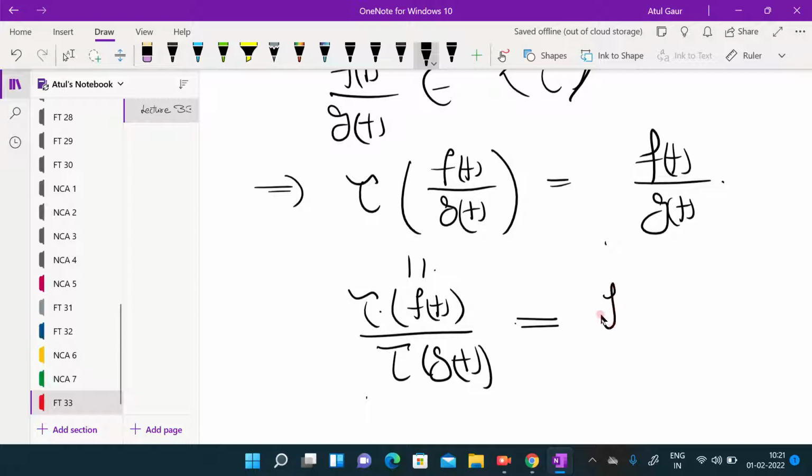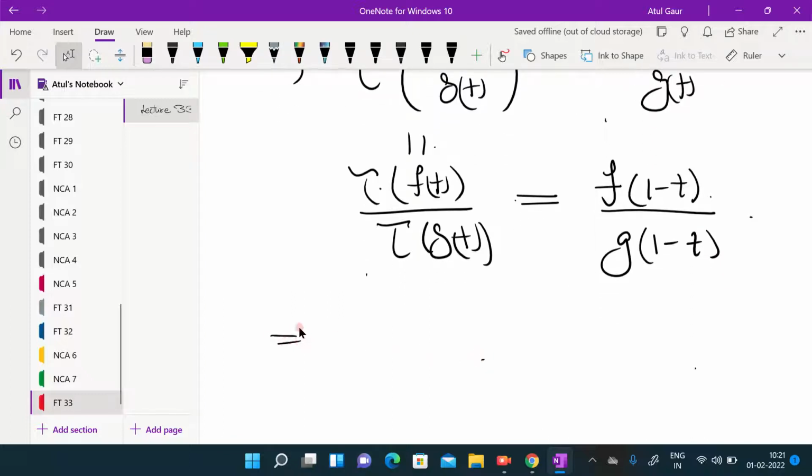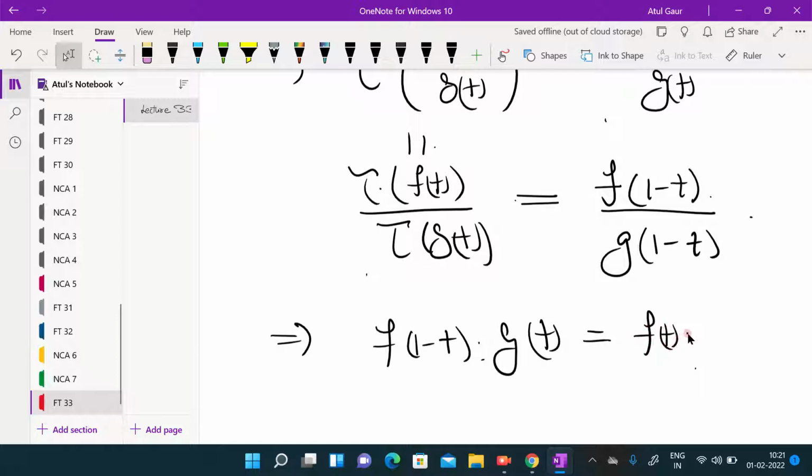So f(t) will be f(1 minus t), and g(t) will be g(1 minus t). So that means what you are getting, f(1 minus t) times g(t) is the same as f(t) times g(1 minus t).